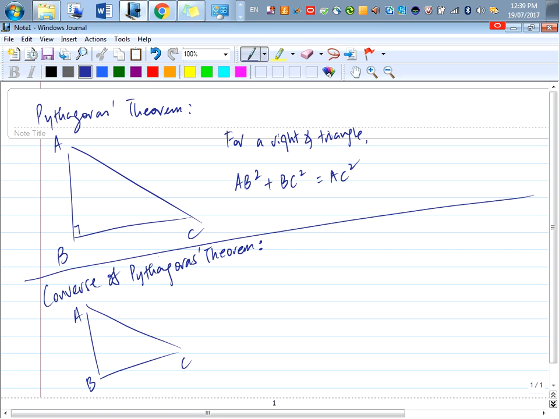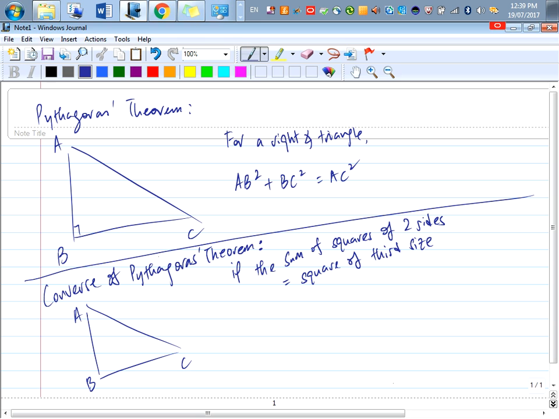Converse of Pythagoras theorem. If the sum of squares of two sides equal to the square of third side.